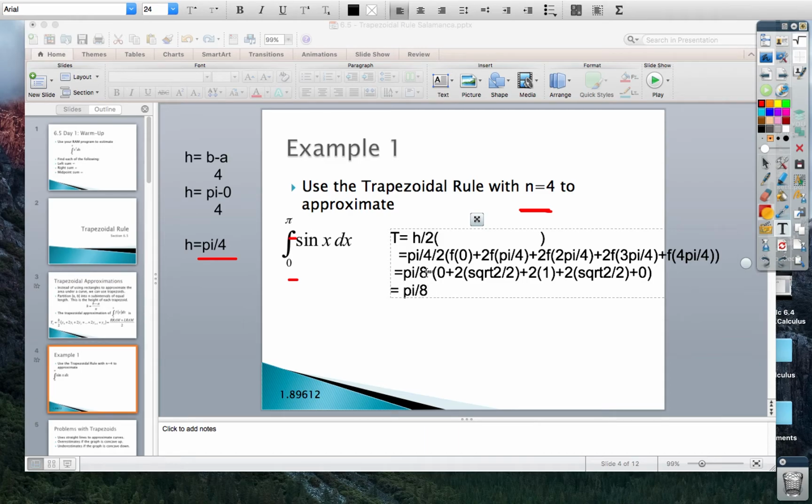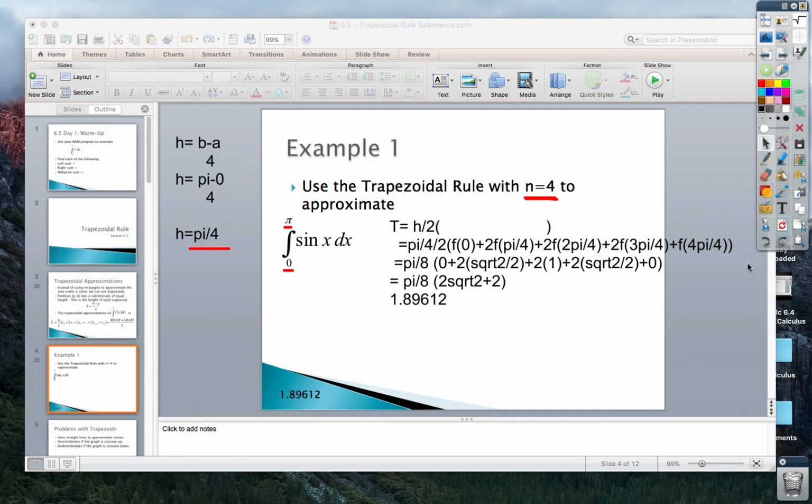We get pi divided by 8 times, when we simplify it, 2 square root 2 plus 2. When we multiply this out on our calculator, we get 1.89612. So that's the trapezoidal rule. Hopefully it's not so bad. Just make sure you're careful not to confuse it like I just did with the Simpson rule.